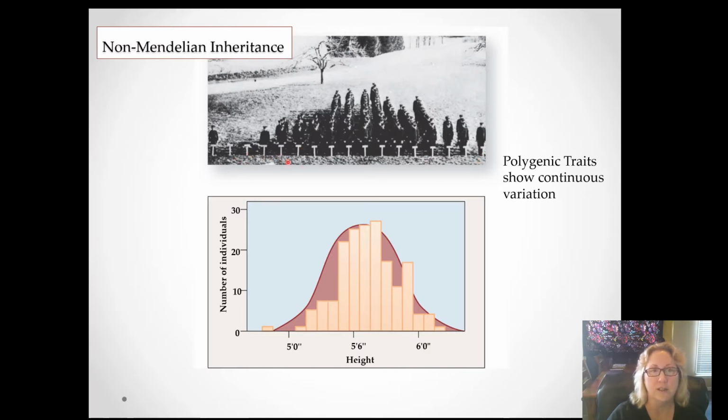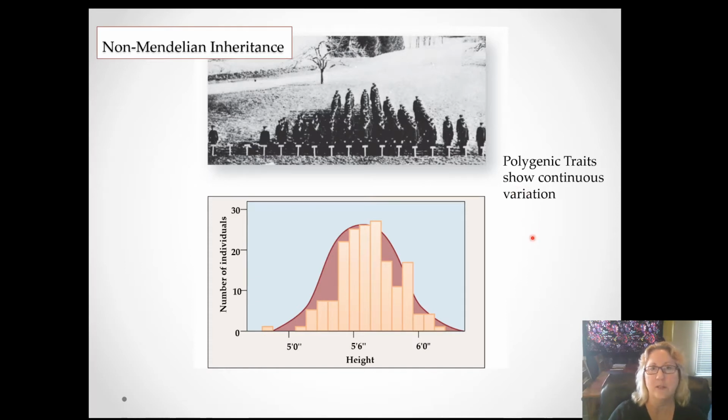Each sign here has a height, and they differ by 1 inch. About 100 individuals here have lined up for this. And here's the same information on an actual graph, we can see that it forms almost a bell curve. It's close to a bell curve. And that is what we see with polygenic traits.